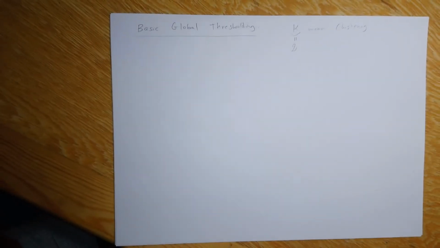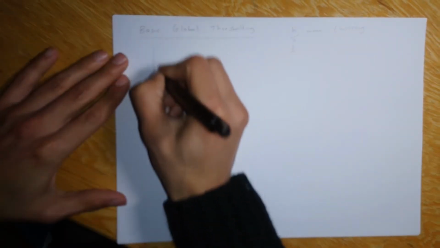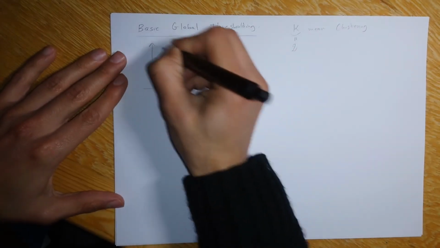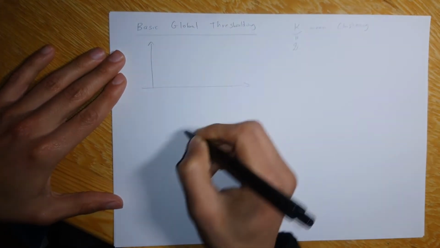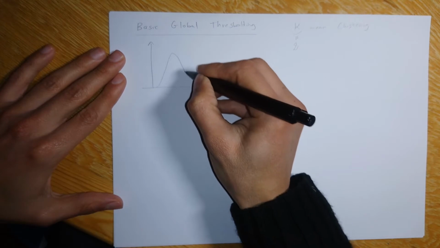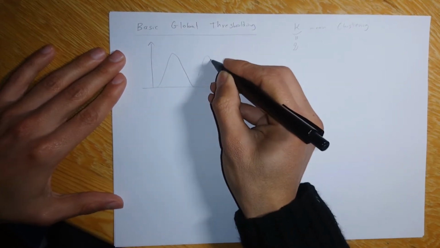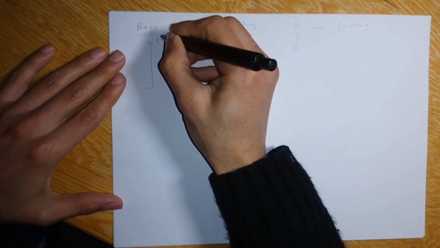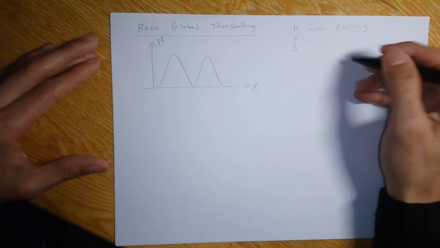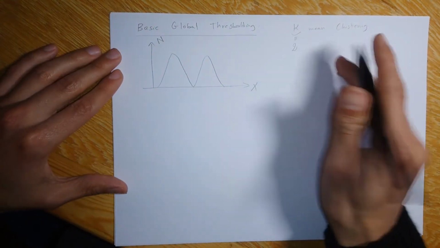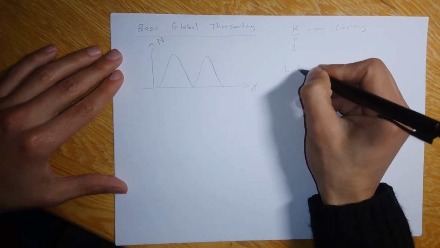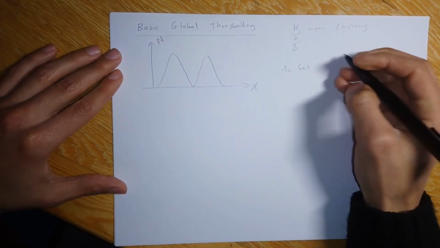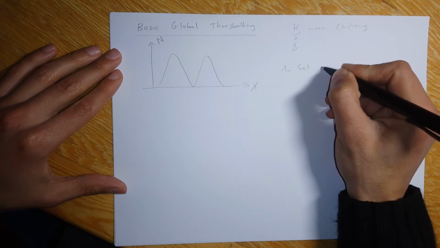Okay, so let's say that I have an image that has the following histogram or distribution. This is the intensity level and this is the frequency. The first step in this algorithm is to set an initial value for t.